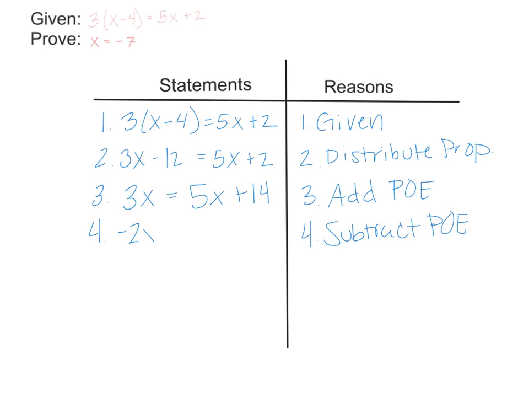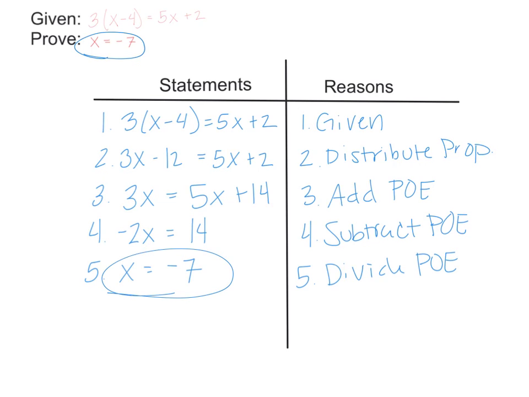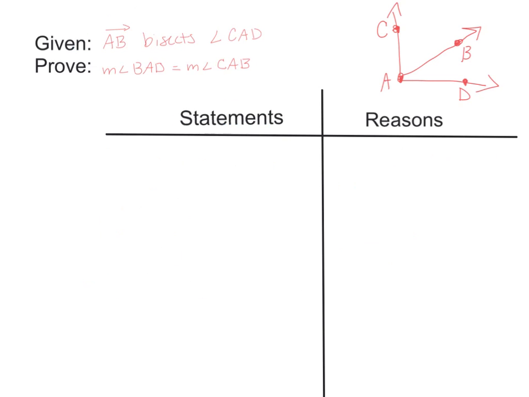So I get negative 2x equals 14. And my last step is going to be divide POE. So I get x equals negative 7, which is what I wanted. That's my proof. I'll just circle this, and this needs to be the same. And then we're done.